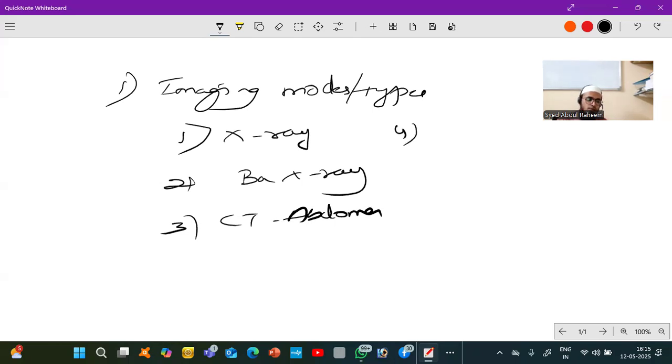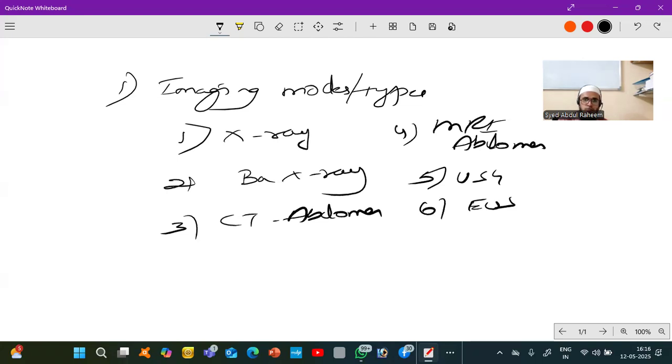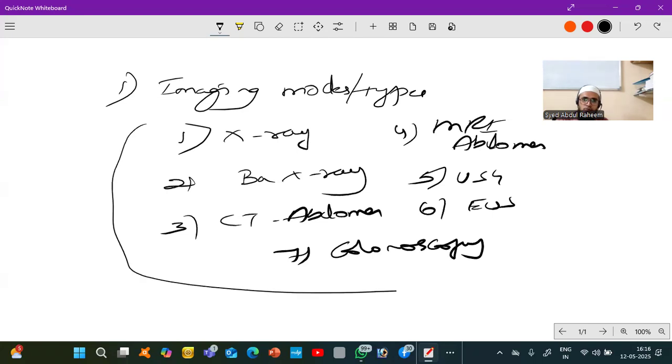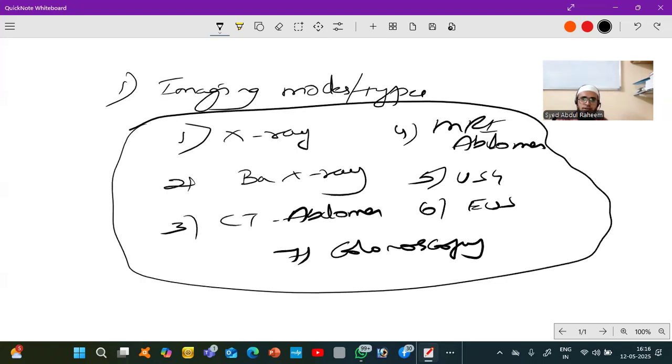Fourth one is MRI abdomen. Fifth one is USG, and sixth one is EUS. Seventh one is colonoscopy. So these are the seven types of imaging modes present for GIT.